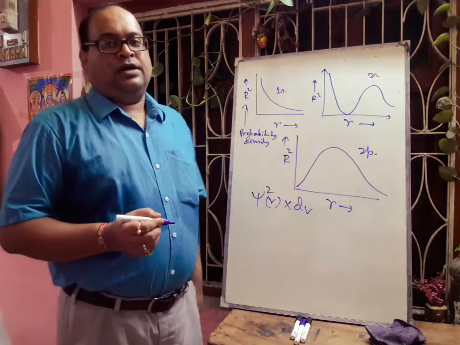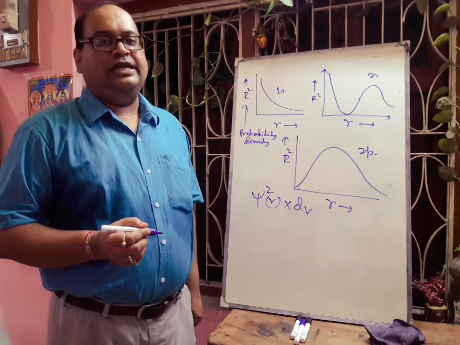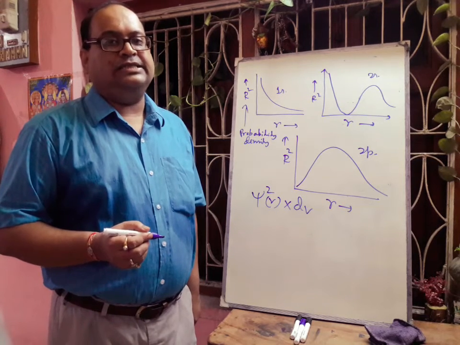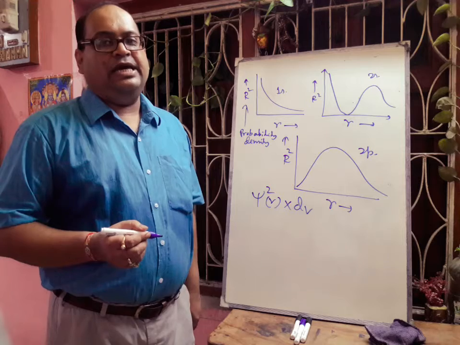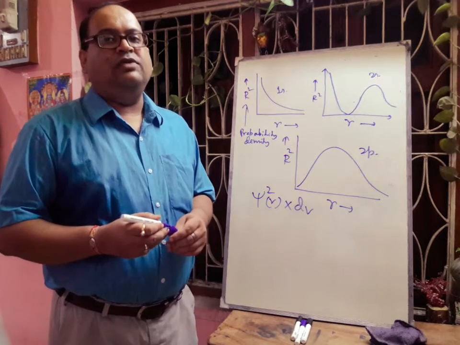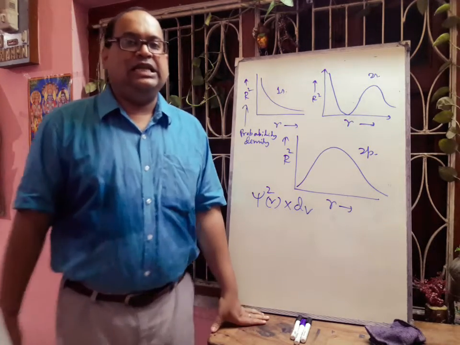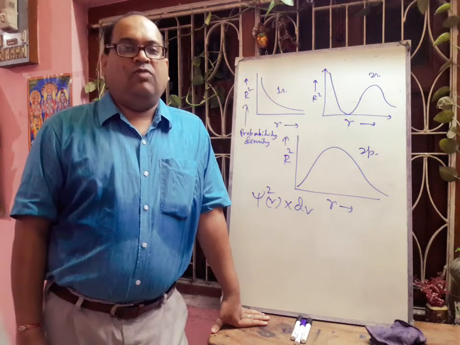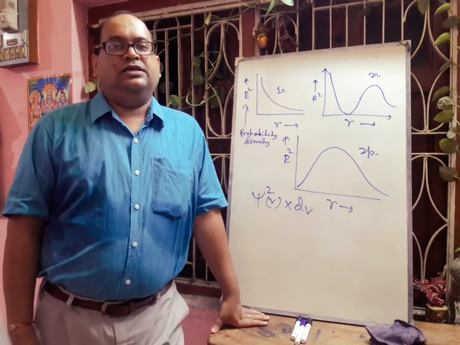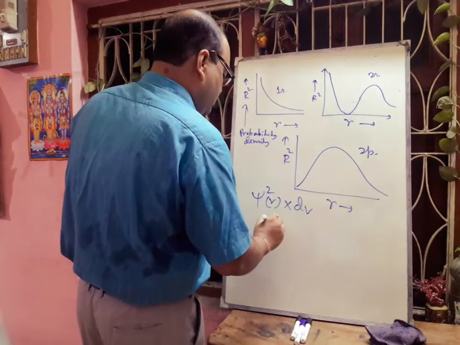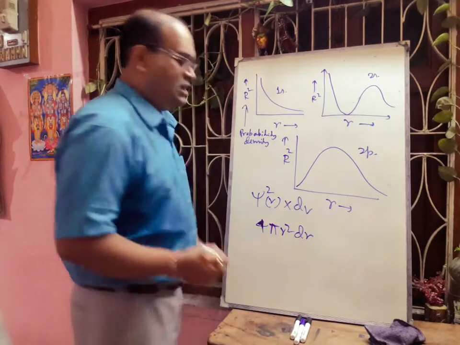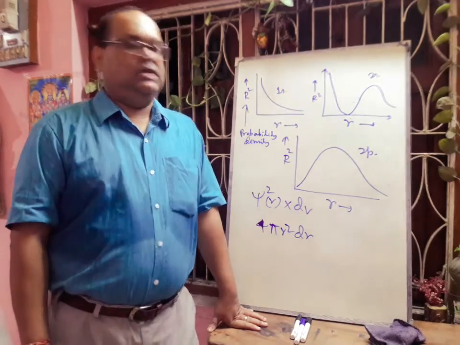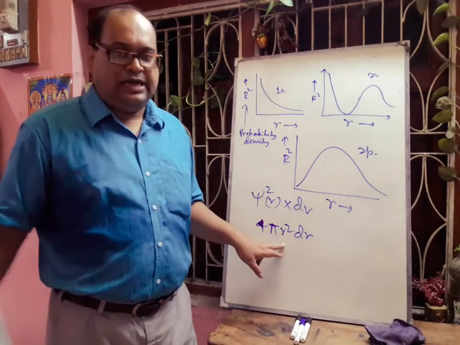Now since the atoms have a spherical symmetry, it is more useful to discuss the probability of finding electron in a spherical cell between the spheres of radii r and r plus dr, and the volume of such a cell of extremely small thickness dr. That will be 4 pi r square dr.